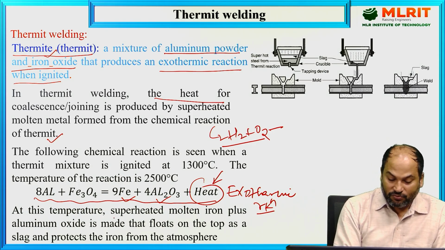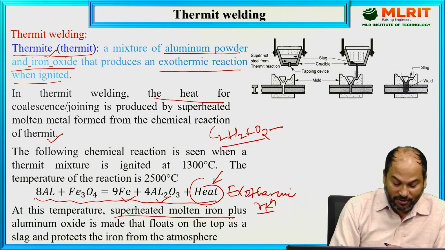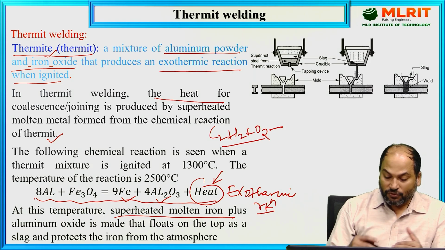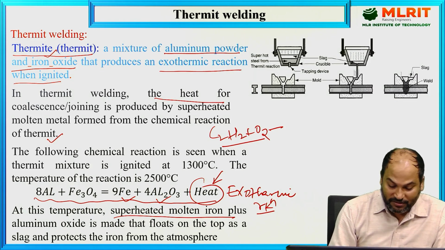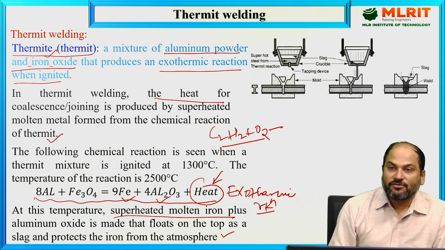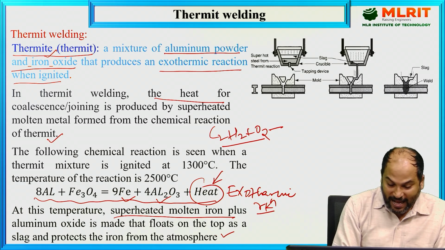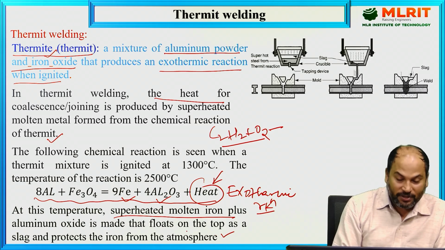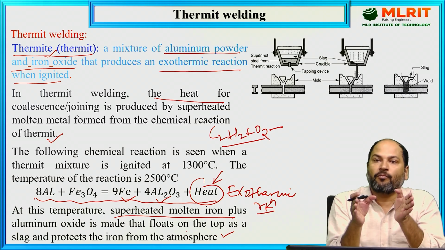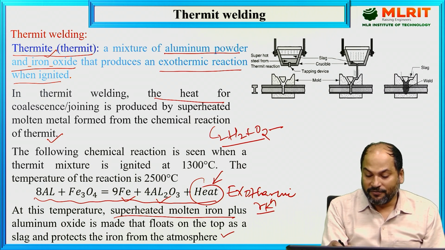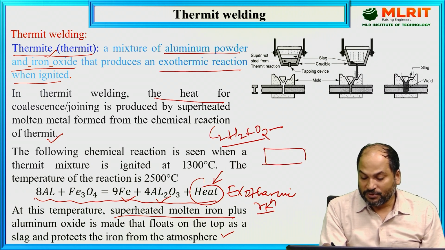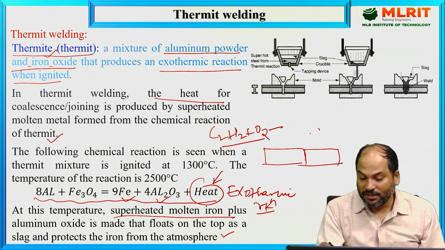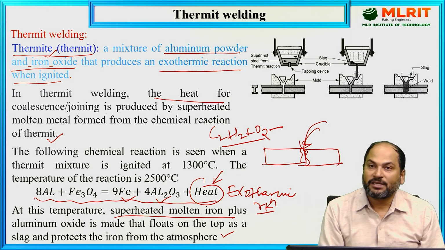At this temperature, superheated molten iron plus aluminum oxide is made, and the aluminum oxide floats on the top as a slag and protects the iron from the atmosphere. This is also very important. This slag will float on the molten pool. Molten pool means, if you are doing welding, suppose this is the part and this is the part. Here this part will be melted along with, suppose, an electrode.